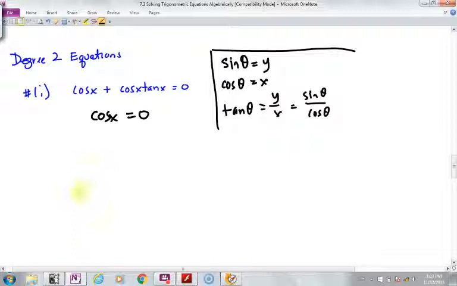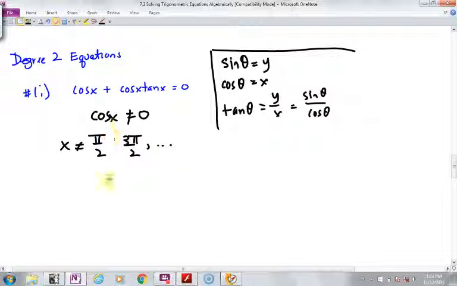And where does cos x equal 0? So look on the other side of your sheet and tell me, where does cos x equal 0? Pi over 2 and 3 pi by 2, etc., right?